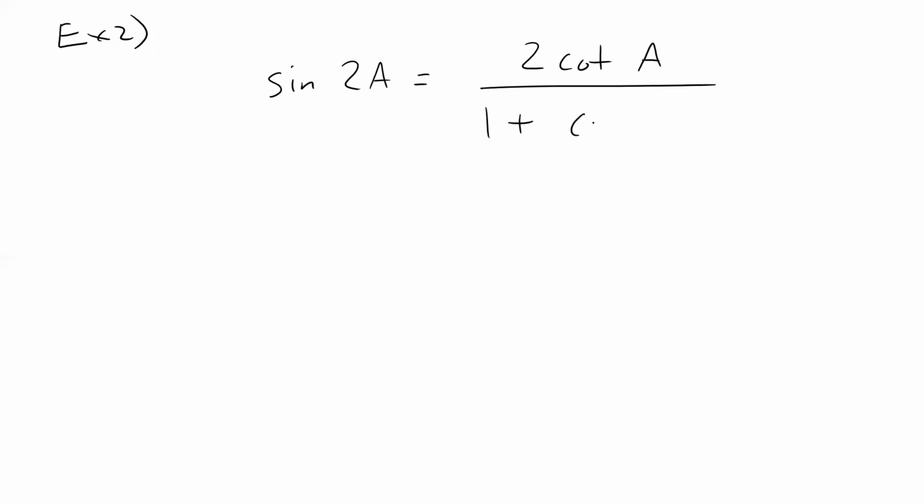Okay, another one here at least. Sine of 2a is equal to 2. And we're proving this? Uh-huh. I wonder if they change variables on you in the homework here.